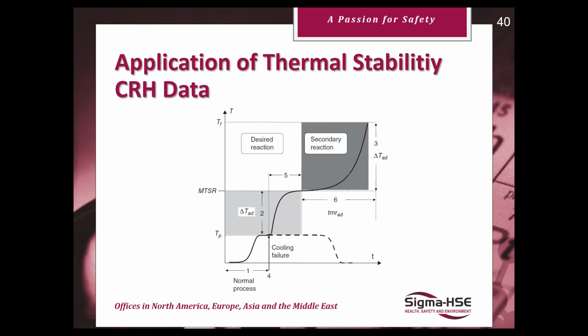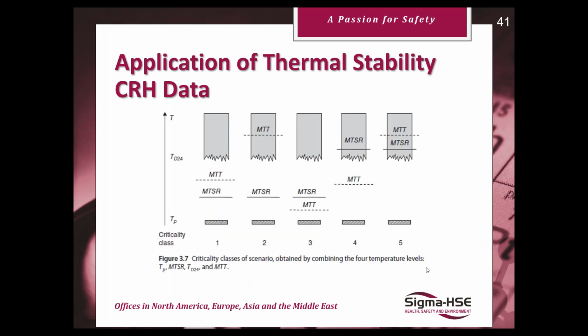But you can find that you may then trigger a secondary reaction, which is the darker grey block in the top right corner, and that is where your desired reaction has unfortunately triggered a secondary decomposition, which has its own exothermic output, and again increases the temperature to a high level.